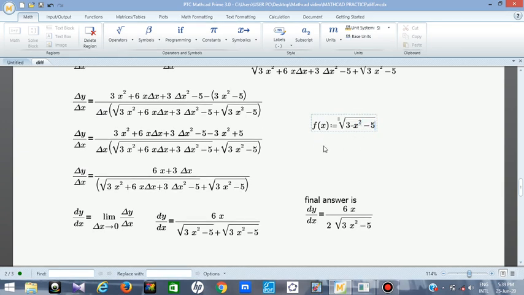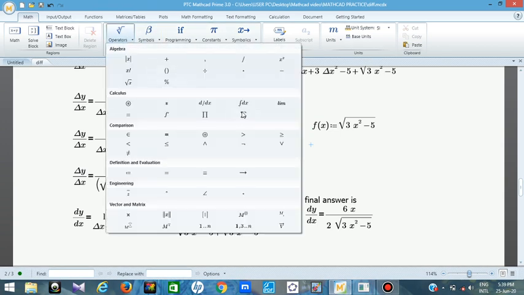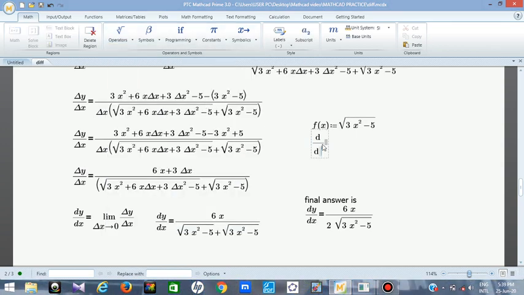This is the function we just differentiated from first principle. If I want to test if this answer is correct, I need to go to my operator here. So you take derivative. I need the derivative of this function f of x.